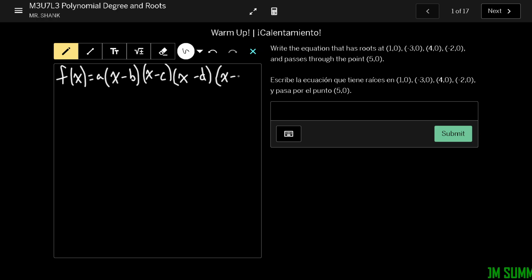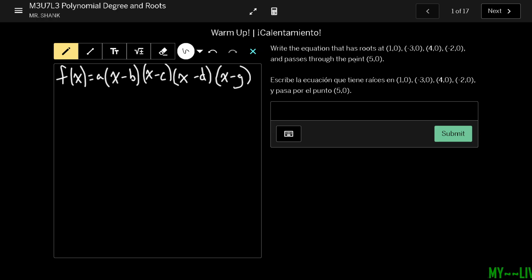You can use whatever letters you want, but for the most part, we're just saying, hey, I have 4 x-intercepts because I have 4 different points where the y value is 0. I need to figure out what those pieces are for our equation. We don't know our leading coefficient, so we're just going to solve for it.